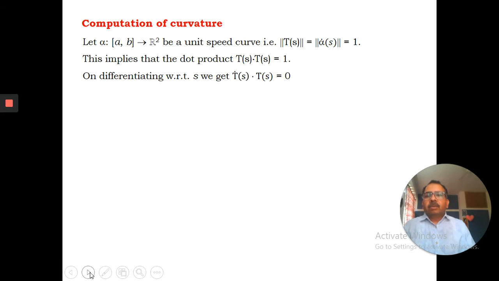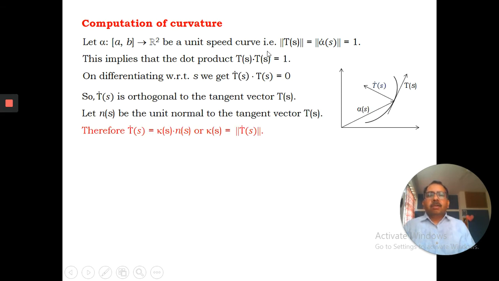In the last video I said if you have a unit speed curve, it means its tangent vector has length 1, and if you take the derivative of the tangent vector, then the derivative vector will be orthogonal to the tangent vector, and this orthogonal vector is a multiple of its unit normal vector, that is T dot(s) is kappa(s) times the normal vector, and if you take the norm of this vector, we get this kappa(s). So this kappa(s) is the curvature of the curve.